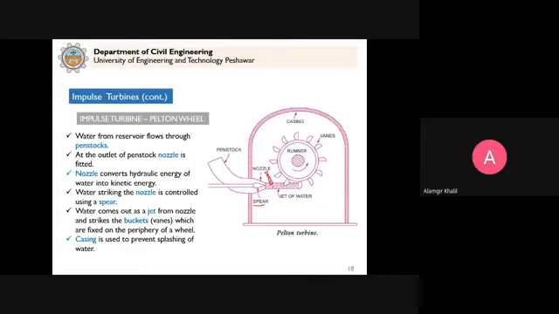You see, it can come here, and this water will fall down, and a reduced quantity will strike the vanes or blades. This arrangement we call a jet deflector.